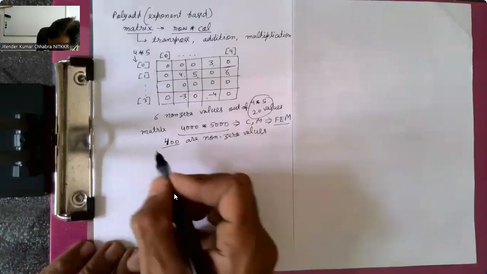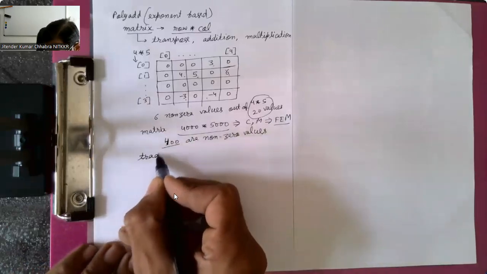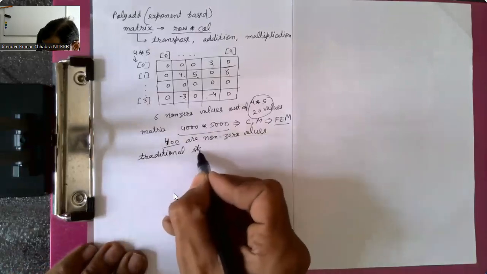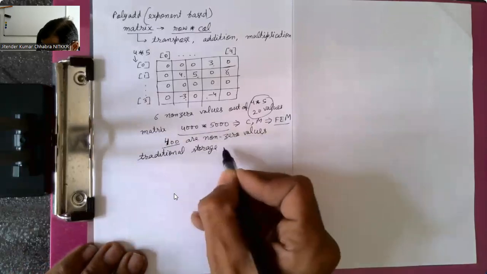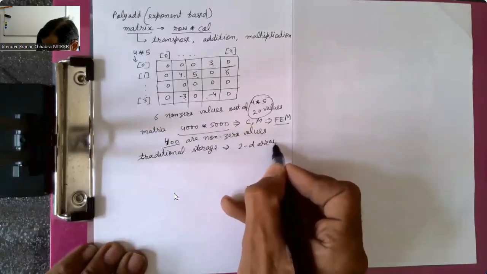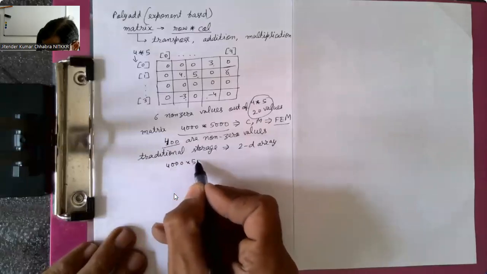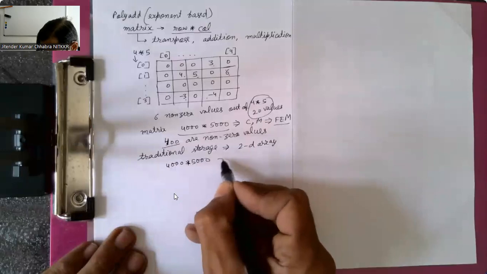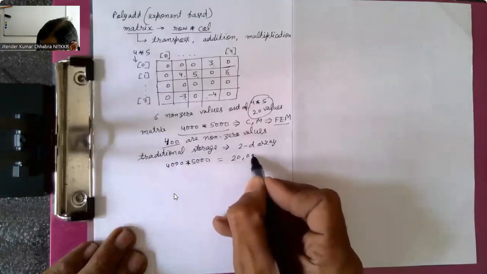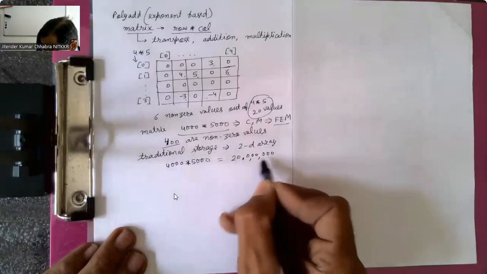In that case, if I traditionally store my matrix, as you have done last semester, in a 2D array, the 2D array storage will mean 4,000 into 5,000. That means effectively 4 into 5, 20, so these many values, 1000.